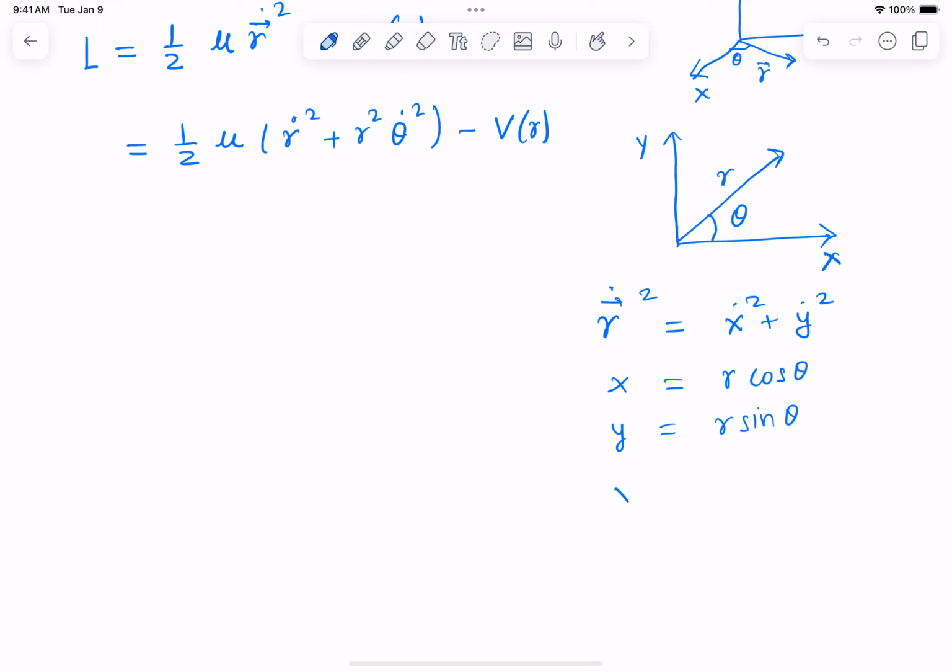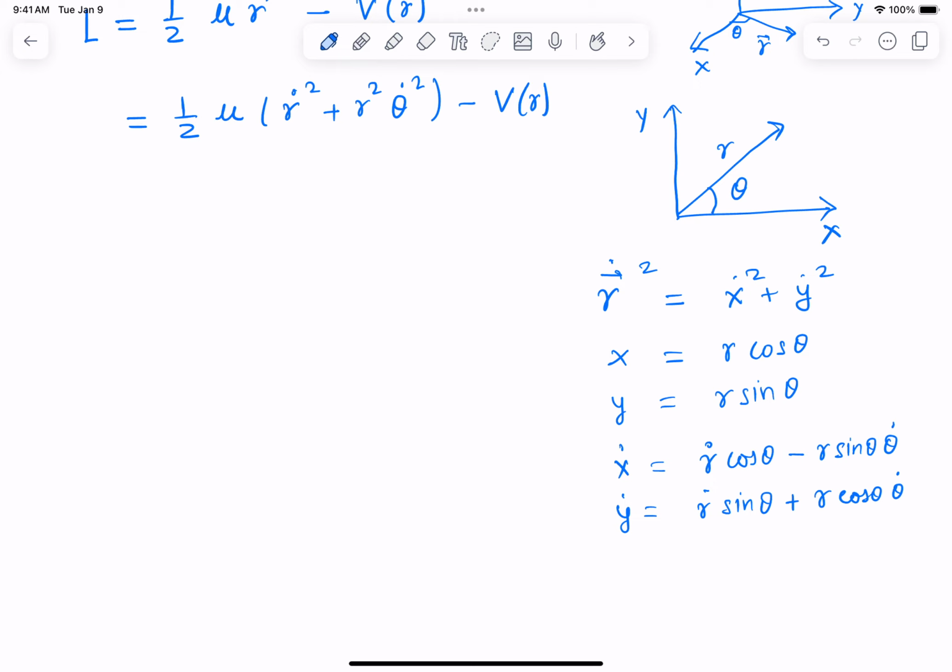So x dot is equal to r dot cosine theta minus r sine theta theta dot, and y dot is equal to r dot sine theta plus r cosine theta theta dot.